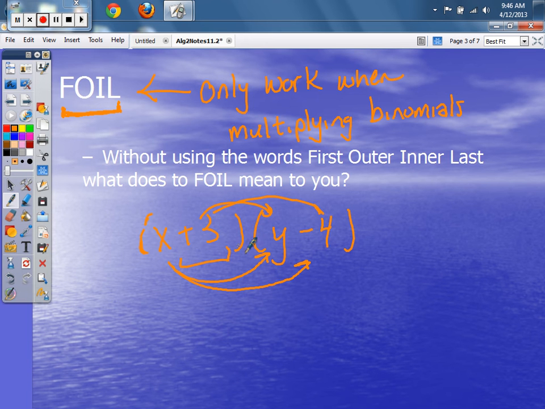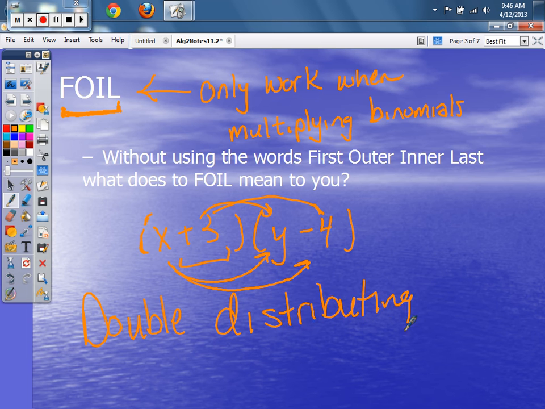The inner is here, then the last. I prefer to call it double distributing, triple distributing, whatever we need to do, because that works for everything. Foiling only works for binomials, and we're going to do lots of things where you don't multiply binomials. So FOIL is kind of a thing that they used to use. It's when they introduced this double distributing, but I like to call it double, triple, multi-distributing, whatever.